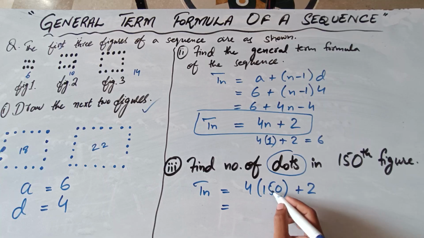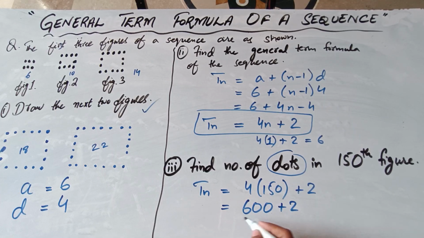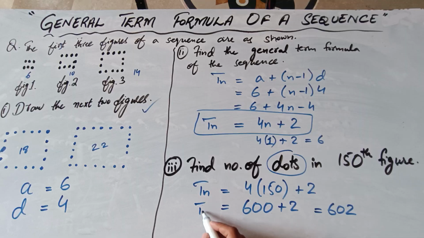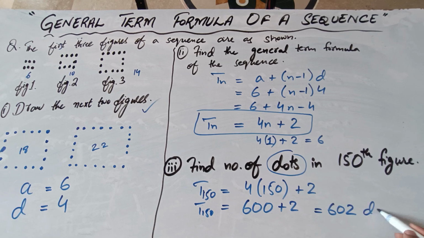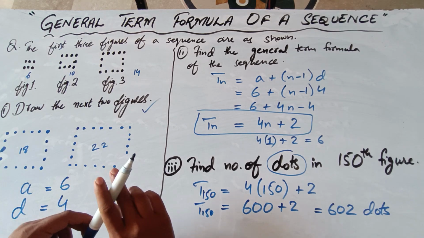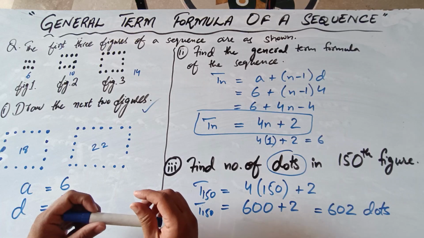So 15 times 4 is 60, so 600 plus 2. So how many dots will be there? 602. So this is how we can find it. This is T150. In the 150th figure there will be 602 dots.